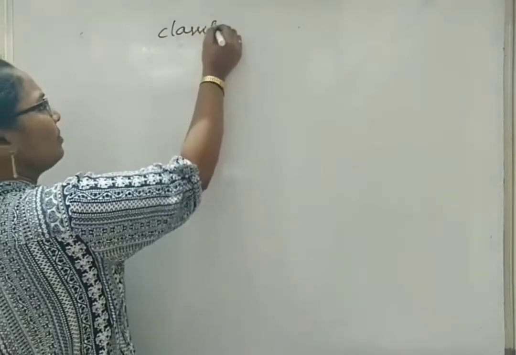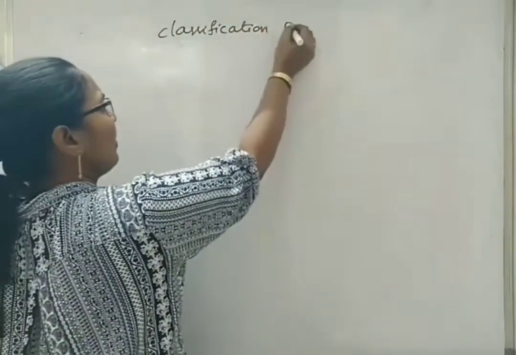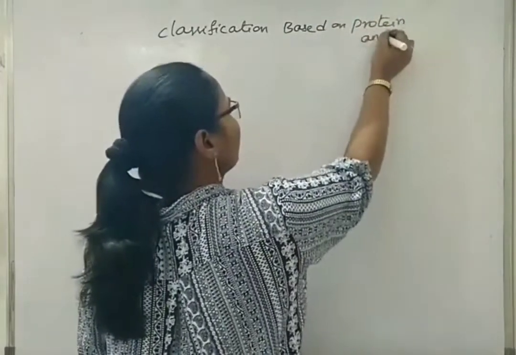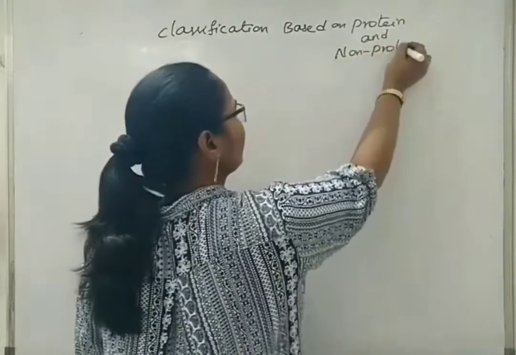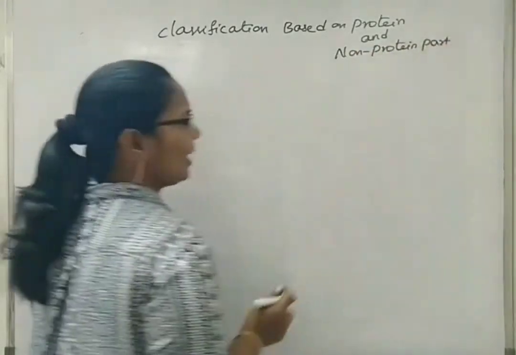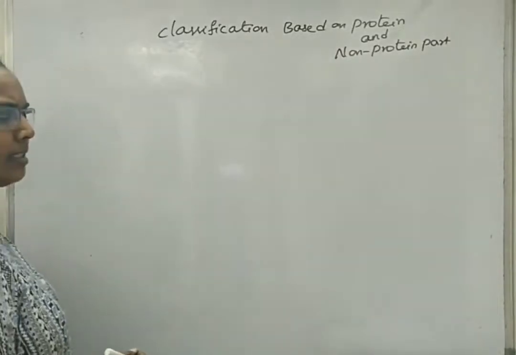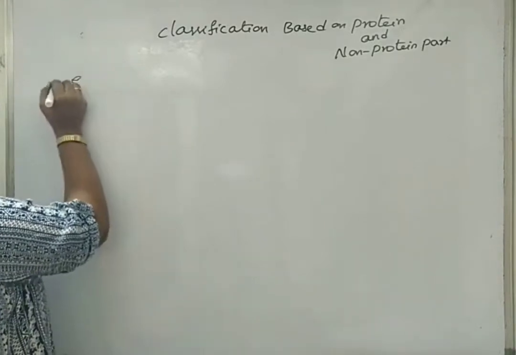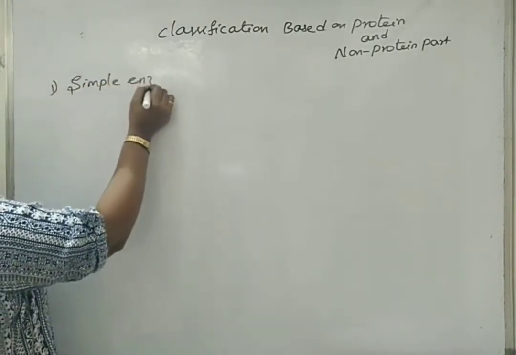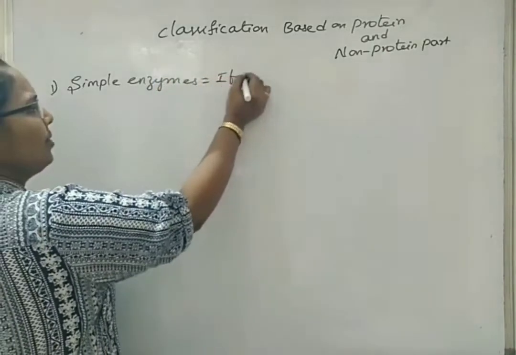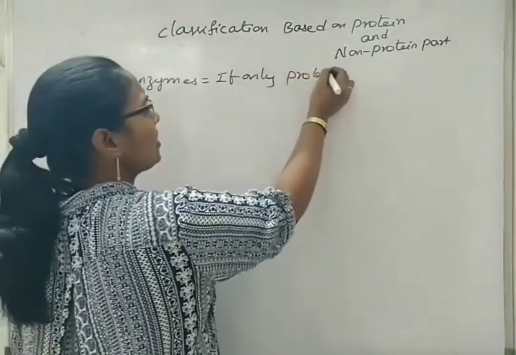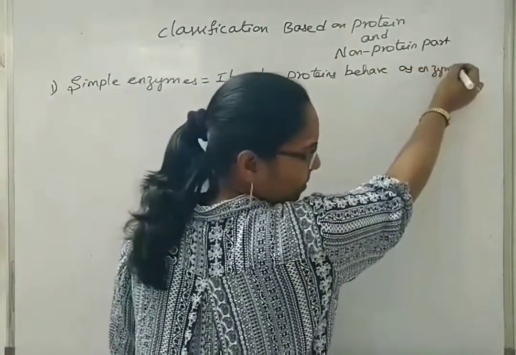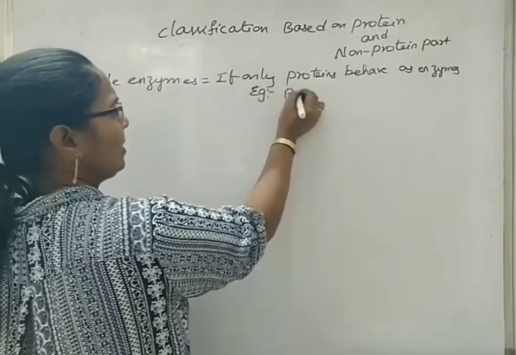So, classification of enzymes based on protein and non-protein part. If any enzyme is made up of only proteins, then it is called a simple enzyme. So first one, simple enzymes. If only proteins behave as enzymes, examples are pepsin and trypsin.